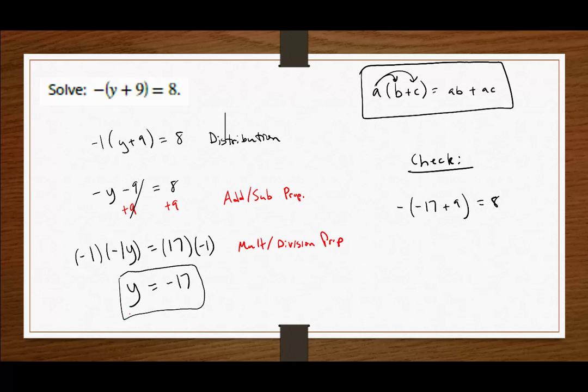If I follow PEMDAS, the order of operations, 9 minus 17, or said the other way around, -17 plus 9, either way we get the same thing. We should get negative 8. What is the opposite of negative 8? The opposite of negative 8 would be positive 8. So I do get a true statement here, which confirms that y equals negative 17 was correct. That is our solution.